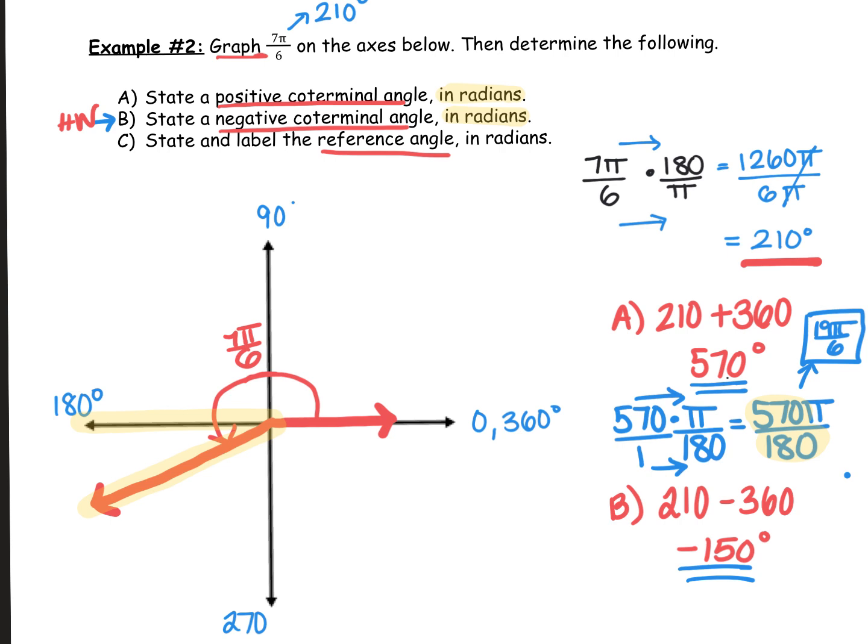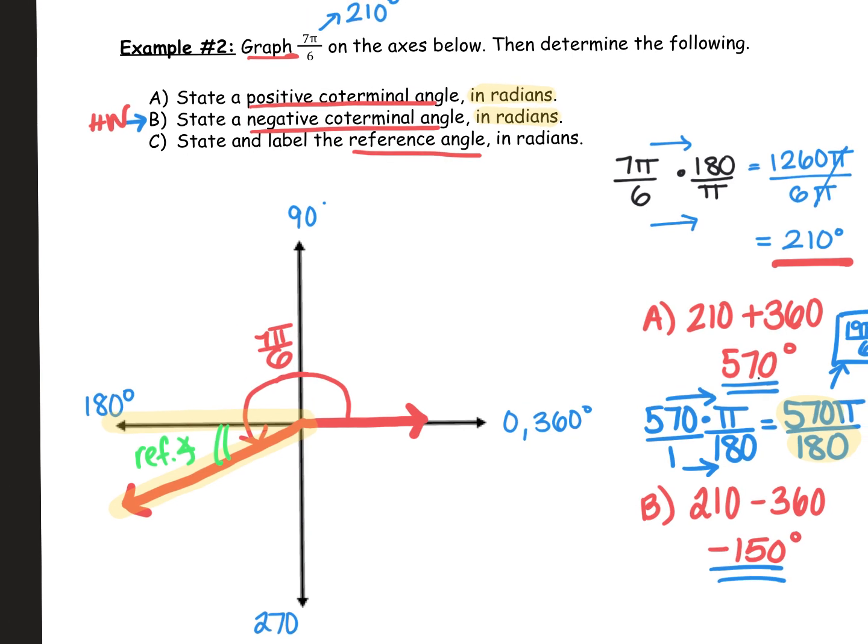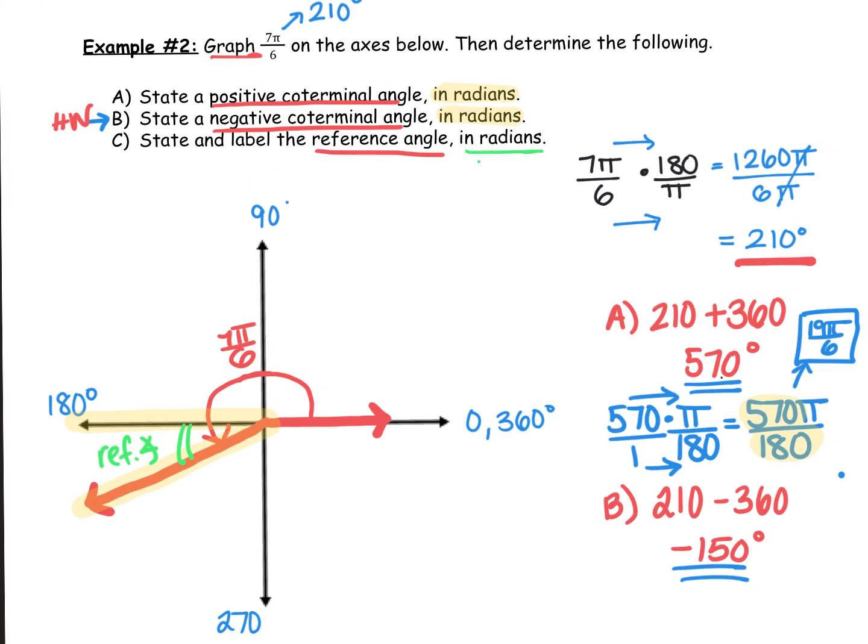So that angle, to form it, is right in here. This is my reference angle. We have to figure out what that is in radians. What I'm going to do is figure it out in degrees, and then your homework will be to put it back into radians.